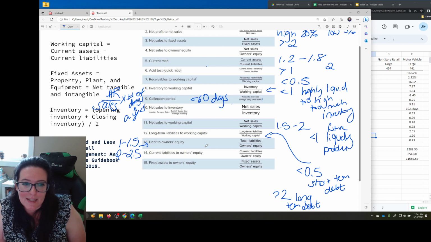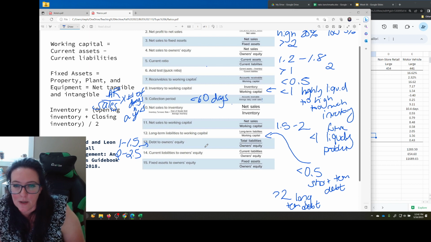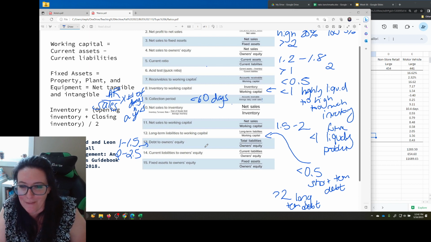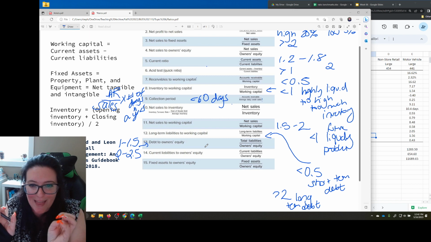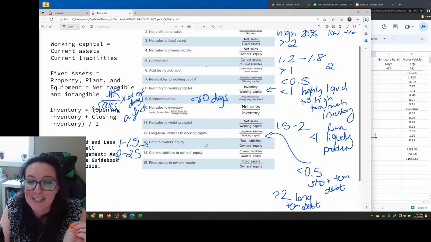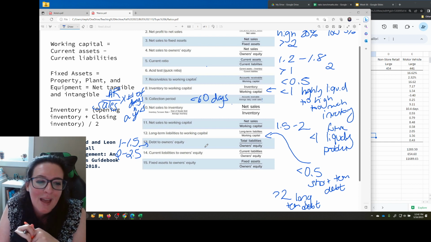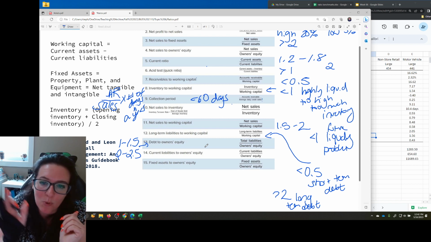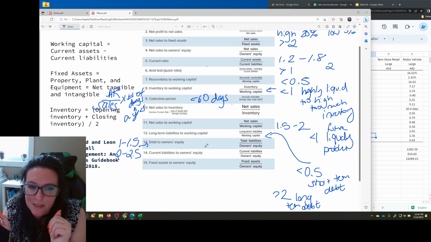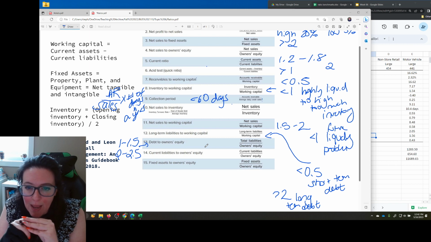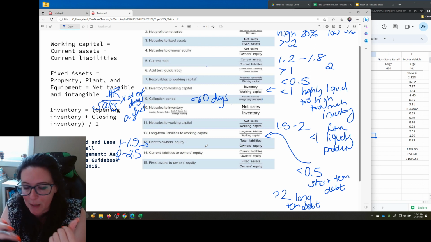The lower the number, so the more equity we have and the less short-term debt, the less we're likely to default as an organization. That is, fail to pay back the money we borrowed, to pay the loans, to pay the debt. A lower number means that we are less risky because we have more money coming in terms of investments, and we're going to be able to pay that short-term debt, that current liability.